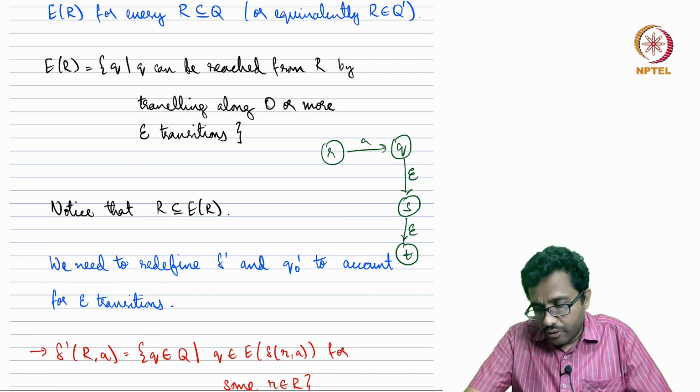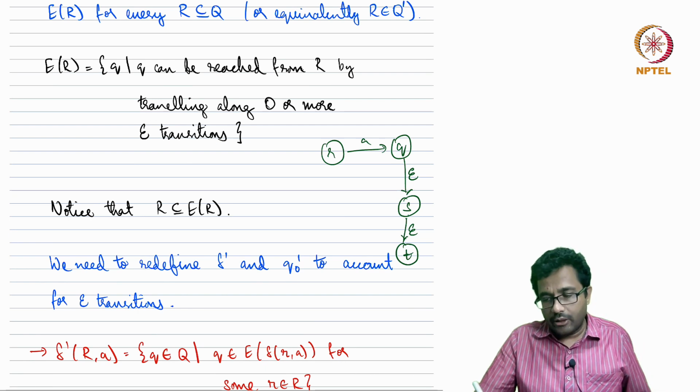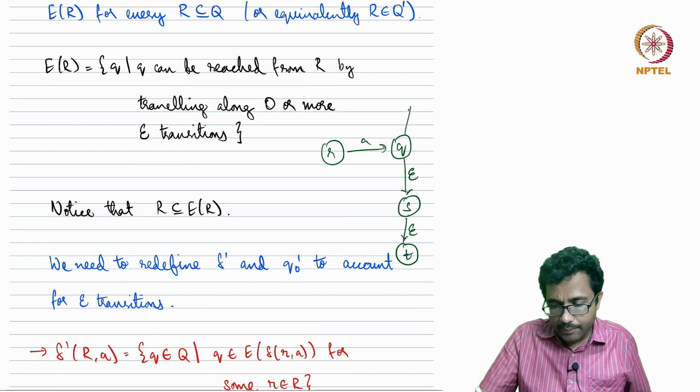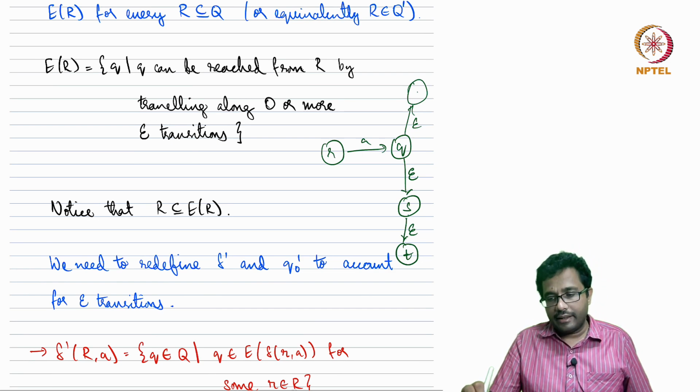So basically, where all you can reach from Q by just using epsilon transitions, even this has to be included.